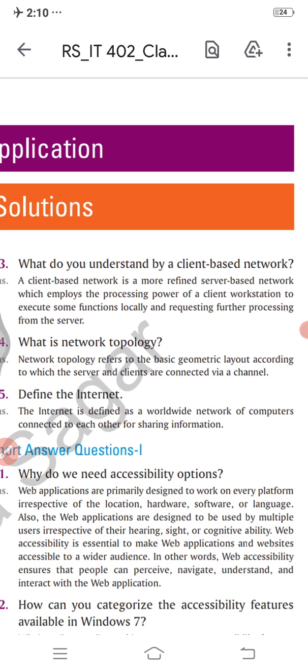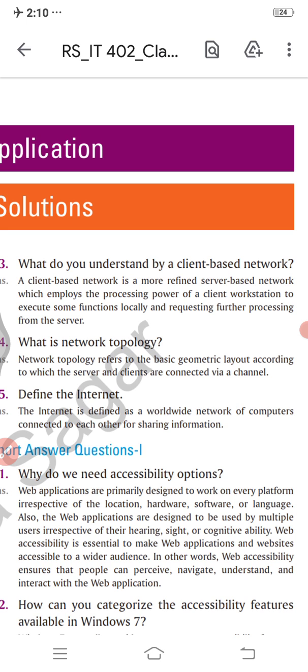So dear students, you must be clear what a client based network is. A client based network is a more refined server based network which employs the processing power of a client workstation to execute some functions locally and requests further processing from the server.